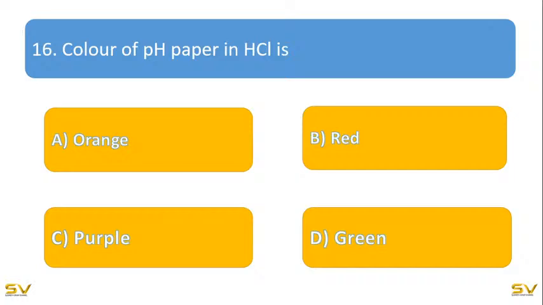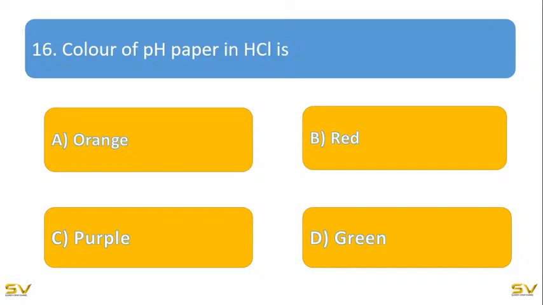For the previous question, for vinegar the pH is 2.5, whereas tomato is 4 to 4.4.